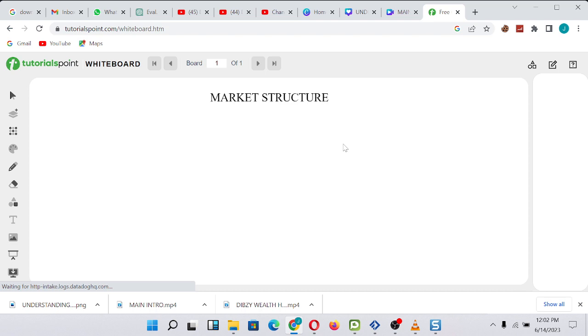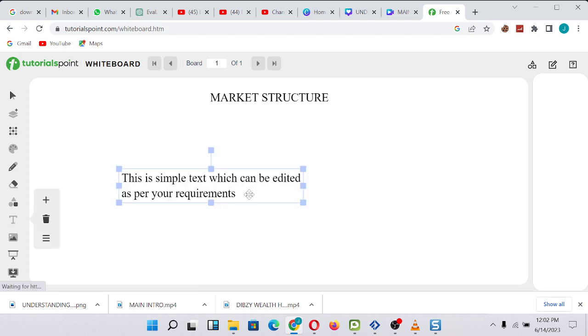If you fail to understand market structure, you're already having an issue with the market. So when we talk about market structure, we'll be looking at various characteristics of it. There are two things involved.